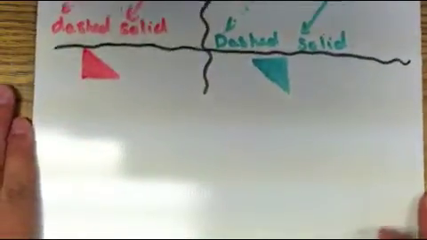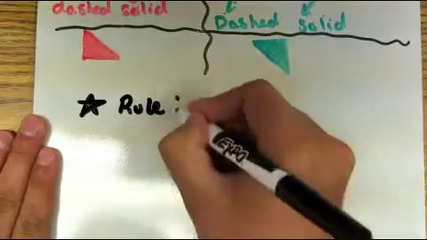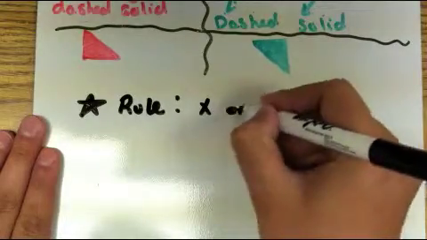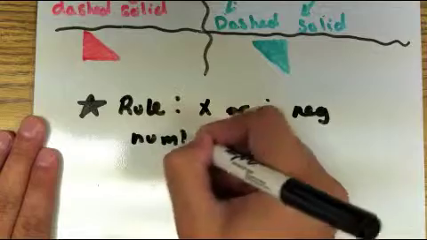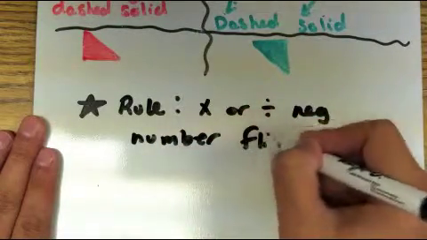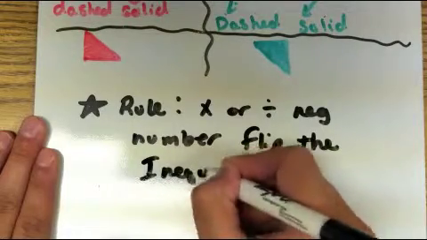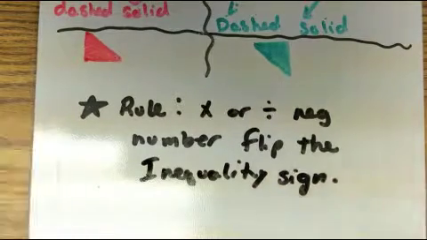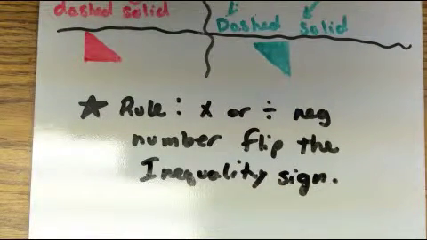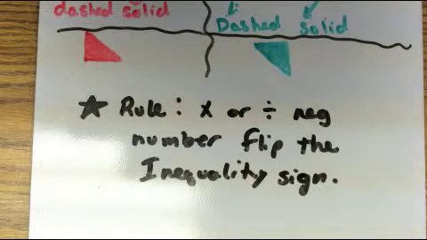The rule that you should always remember about inequalities, it's like the golden rule: whenever you multiply or divide by a negative number, flip the inequality sign. Okay, remember that rule. Whenever you see inequalities, that rule should be popping up right in your head. Okay, so we are going to see that for sure.